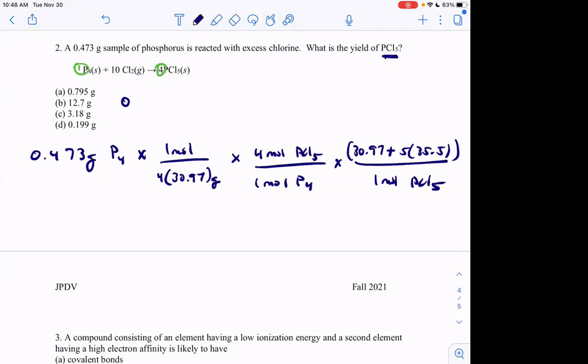You do have to calculate a molar mass. Sometimes it's easier just to do it all in one step like this rather than just adding it up. And we get, I think it's C. Yes, 3.18 grams.